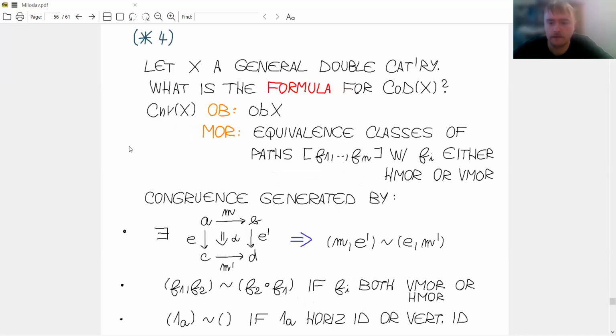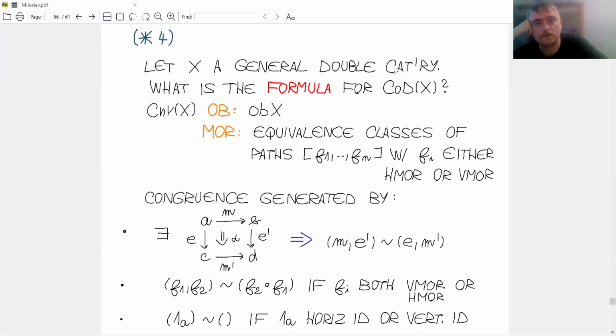Okay, so I think I can finish with this last thing, which is, if X is a general double category. So the category of corners I've shown you only applied to some special cases of double categories, but if X is a general one, you can generalize it in terms of generators and relations like this.